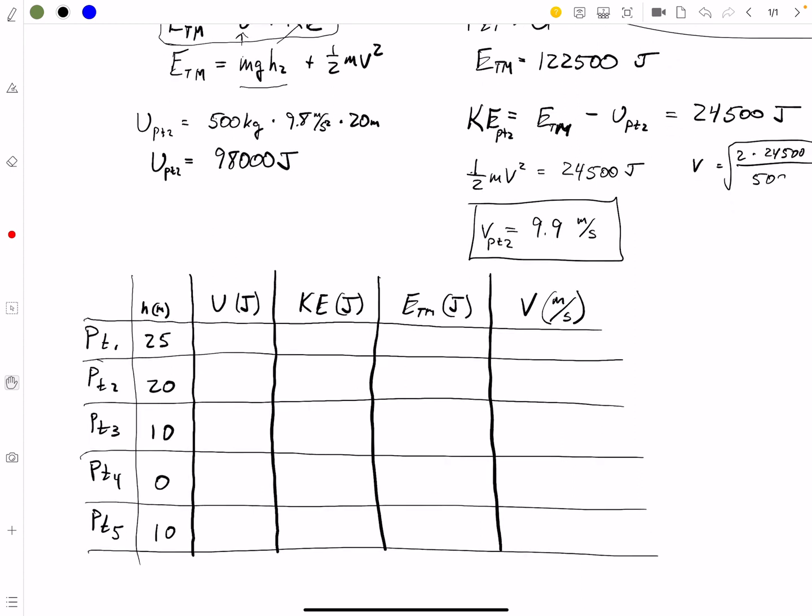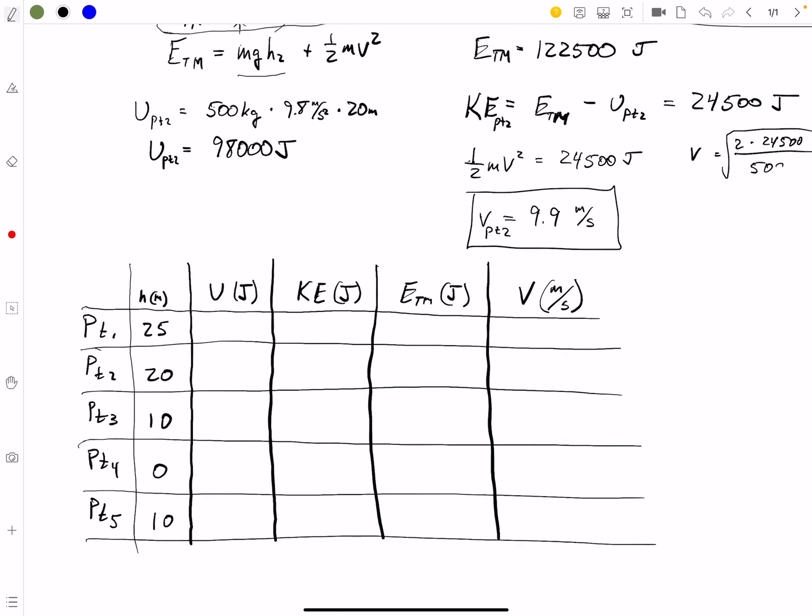Our potential energy at point 2 is 98,000, so 98K. Our kinetic energy we found to be 24.5K.